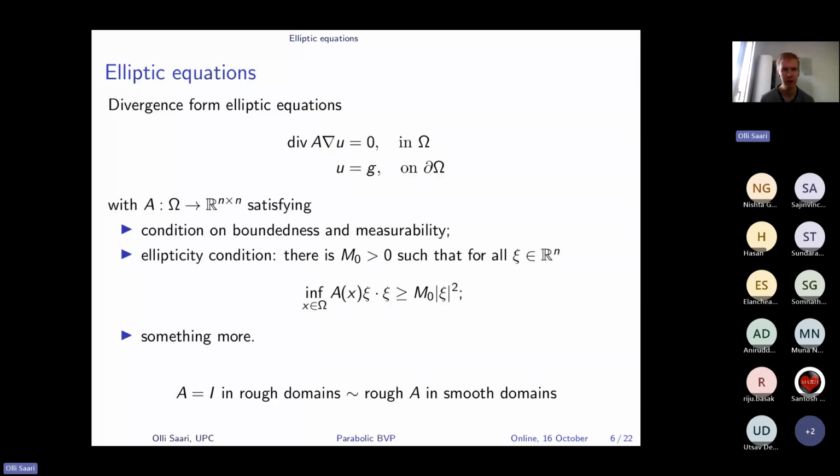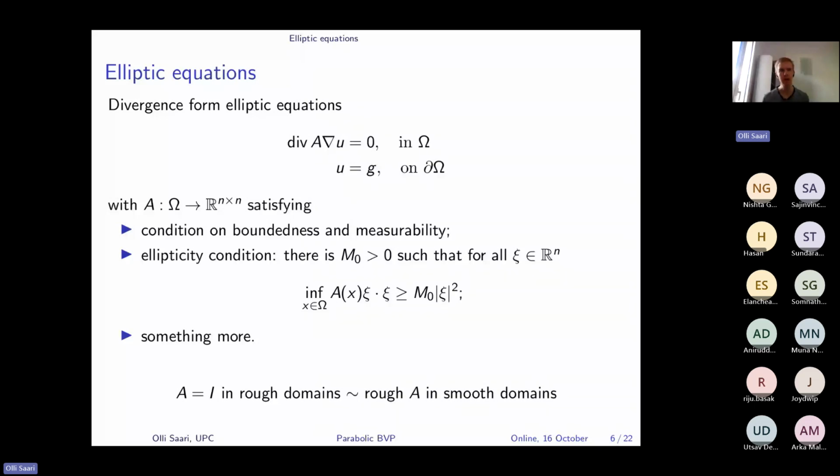So after the harmonic functions, the next object to study are the divergence form elliptic PDEs. So instead of div grad U, we study div A grad U. And we again study the same problem, but now we ask what kind of matrix we can put here. And the typical conditions for basic PDE theory are the conditions on boundedness and measurability.